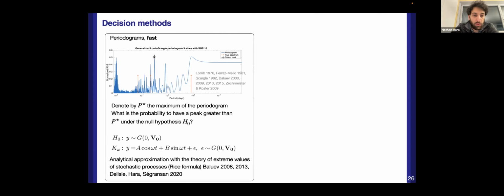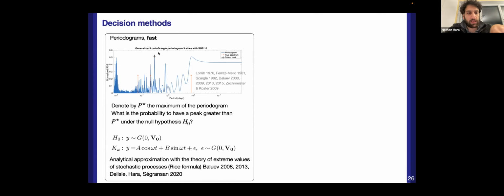So in the Lomb-Scargle case, for example, with some of my colleagues, the case we considered is the null hypothesis model is a Gaussian noise with a fixed covariance, and your alternative model is a sinusoid plus a noise with this same covariance. And then what you want to compute is the probability to have a peak at least as high as the maximum under the null hypothesis.